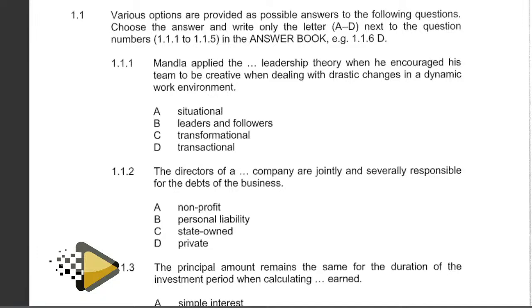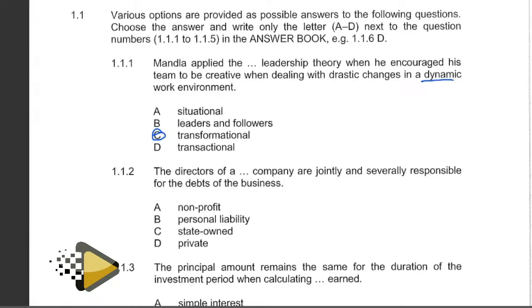So as I said earlier, you should compare and make sure that you match all the given options. If we check here, the appropriate answer is going to be C, because C is the one that allows for a dynamic or some changes. That is why we are saying that transformational leadership theory will be the appropriate answer for this question.